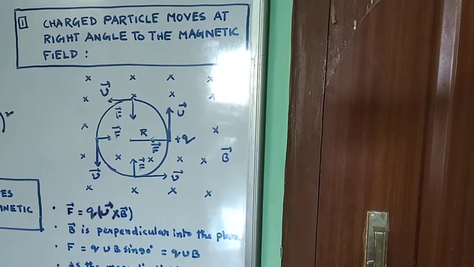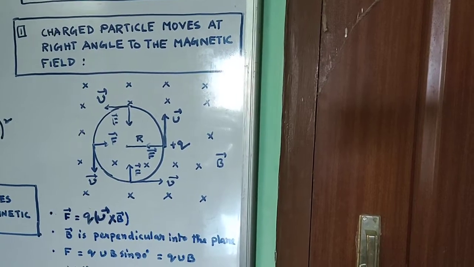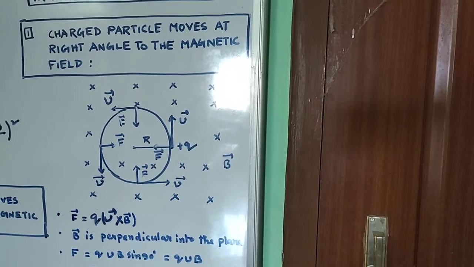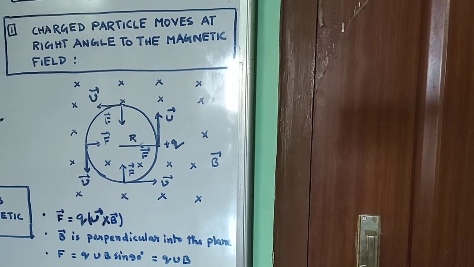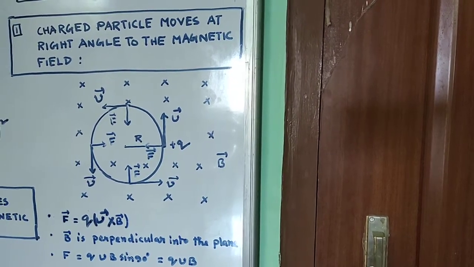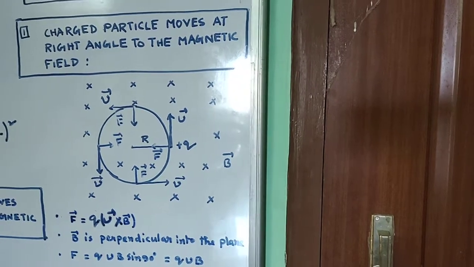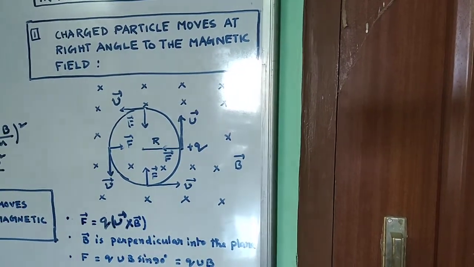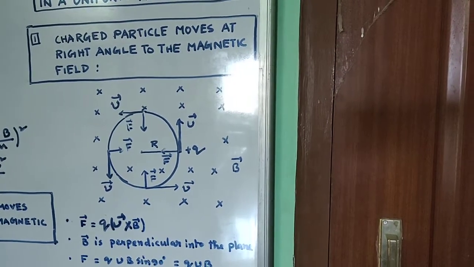If you have to symbolize a magnetic field perpendicular into the plane, what symbol do you have to use? The symbol is a cross. Now, if I give a dot to represent the magnetic field, that dot represents the magnetic field perpendicular out of the plane. So here we are considering the magnetic field is perpendicular into the plane.